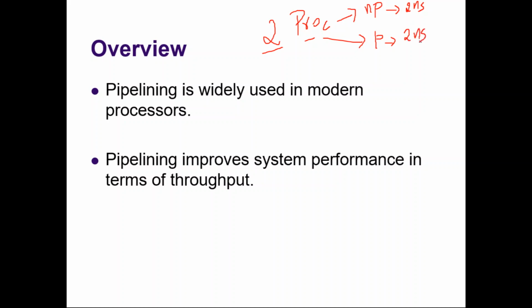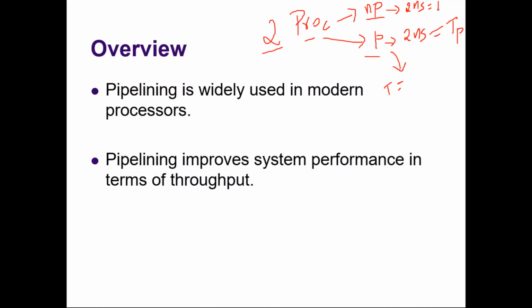Are you getting it? This is the one without pipelining and this is the one with pipelining. But if you calculate the throughput, the throughput of the pipeline system will be higher than that of the non-pipeline system.